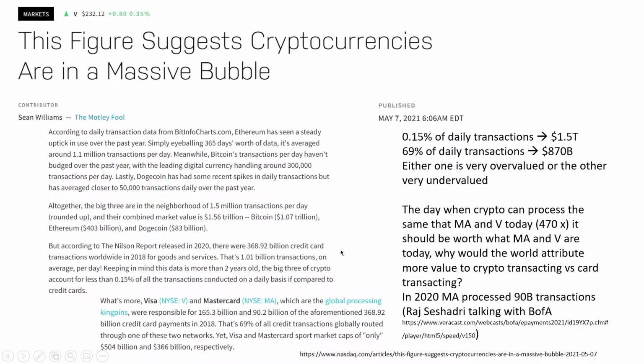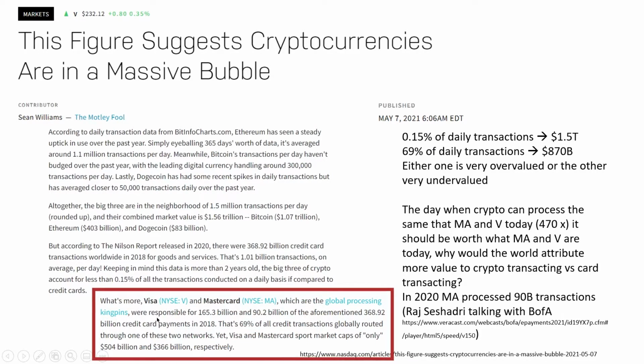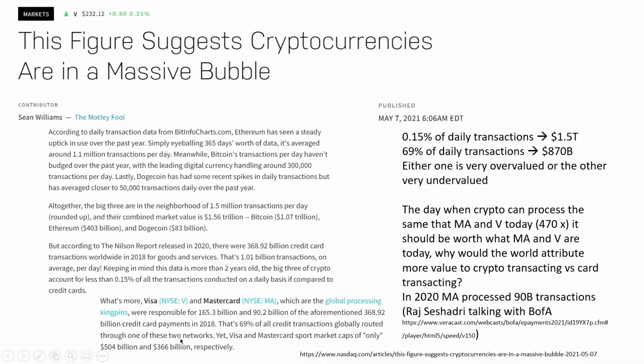And the transactions per year for Mastercard and Visa were 165 and 90 billion, which is 69% of all the transactions this year at least. They are worth $870 billion between Visa and Mastercard. And these big three, at 1.5 million transactions per day, which is 0.15% of the daily transactions, are worth, between the three of them, $1.5 trillion.